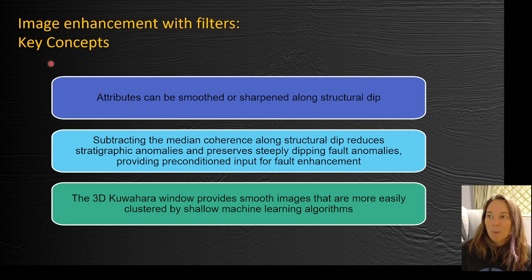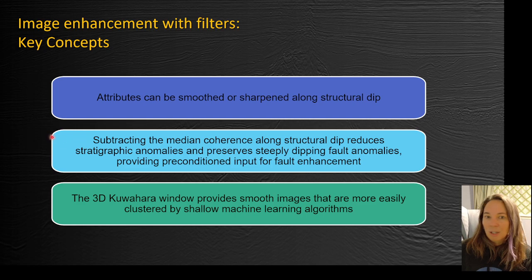Okay, just to wrap up with image enhancement with filters, because we've found this a very important step when analyzing seismic data with attributes. We want to keep in mind that our attributes can be smoothed or sharpened along structural dip with different types of filters.